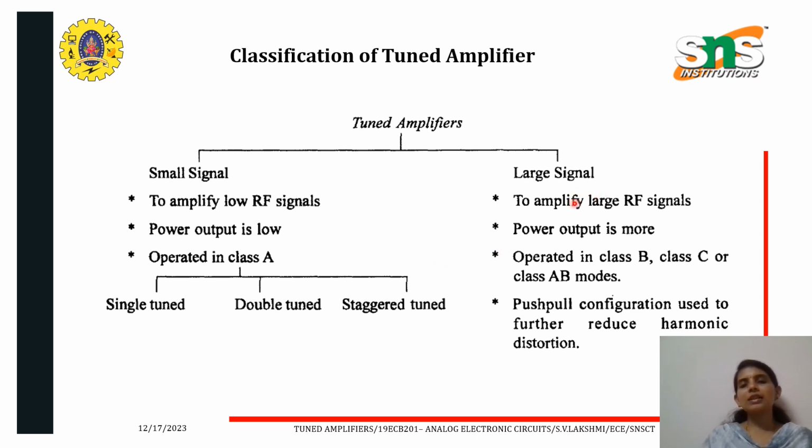Large signal amplifiers amplify large RF signals. We also call these power amplifiers, the power output is more, and they are operated in class B, class C and class AB modes. These are the classifications of tuned amplifiers.